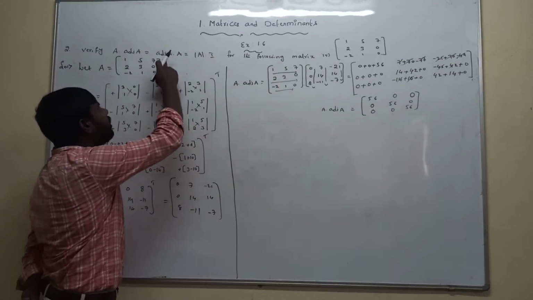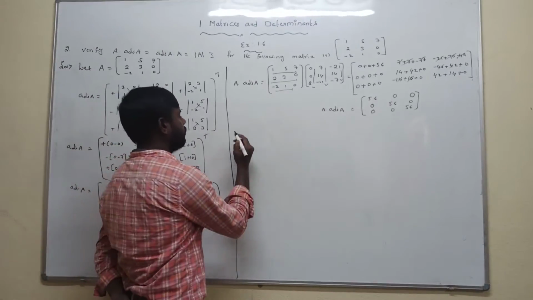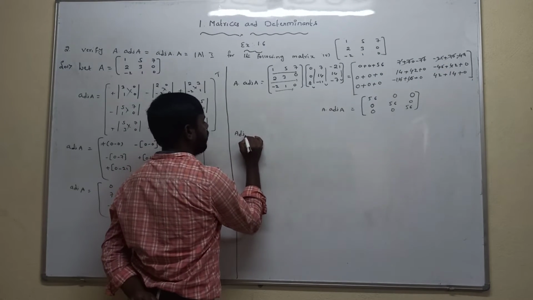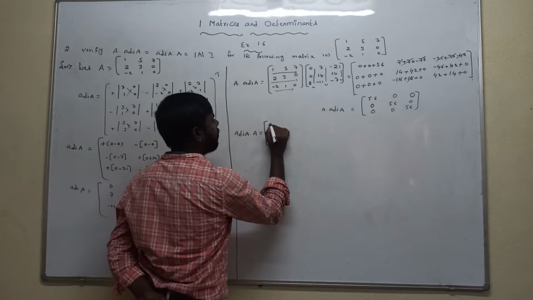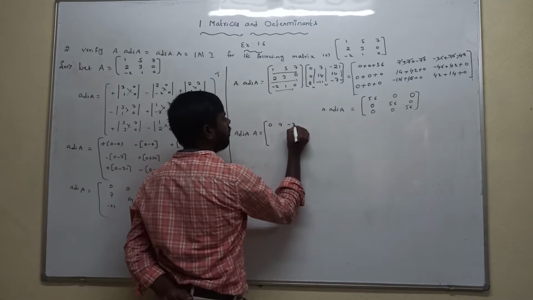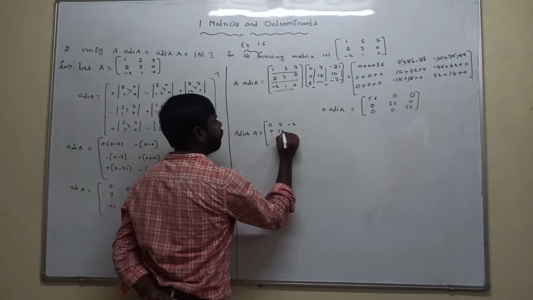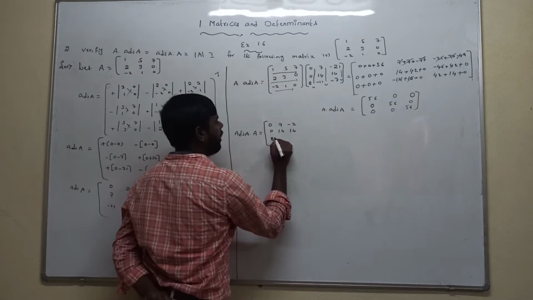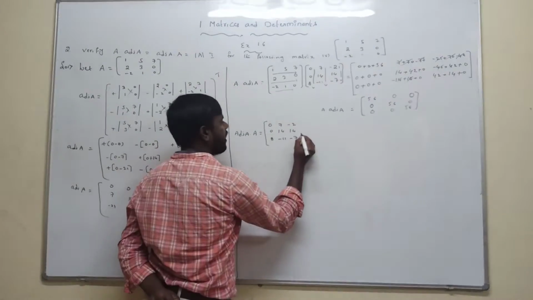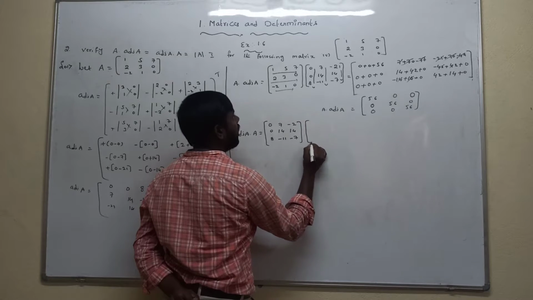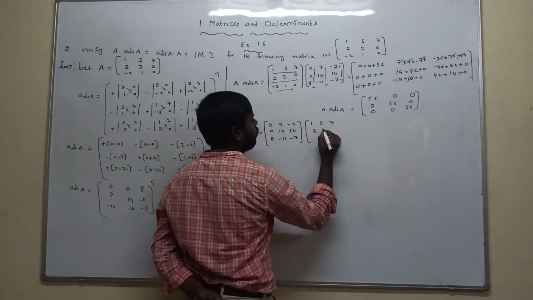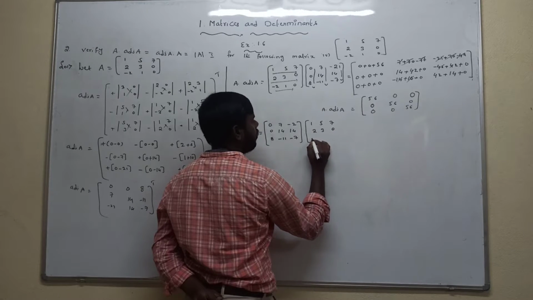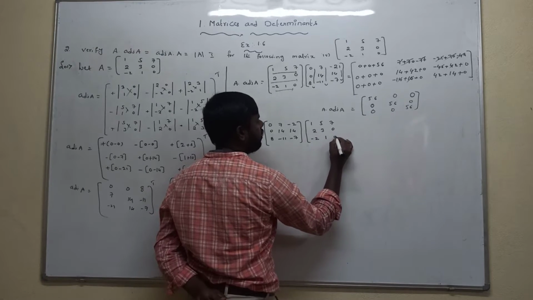Next we need to calculate adjoint of A into A. The adjoint of A is 0, 7, minus 21, 0, 14, 14, 8, minus 11, minus 7. The A matrix is 1, 5, 7, 2, 3, 0, minus 2, 1, 0.